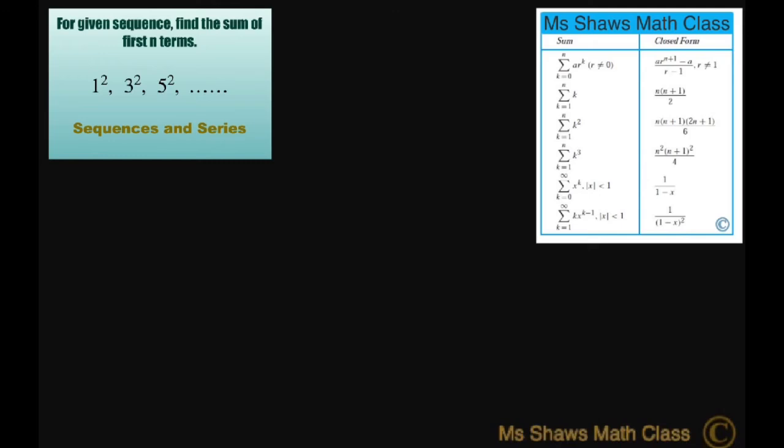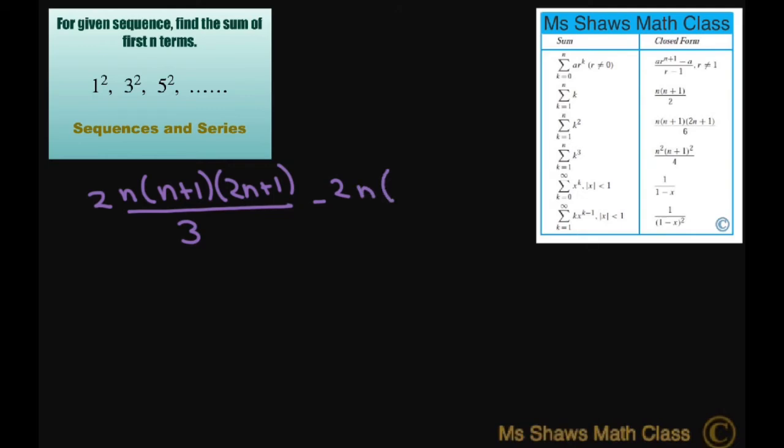So basically what I have is 2 times n plus 1 times 2n plus 1, all divided by 3, minus 2 times n plus 1, because that was the one that was 4 halves, and then we have plus n.